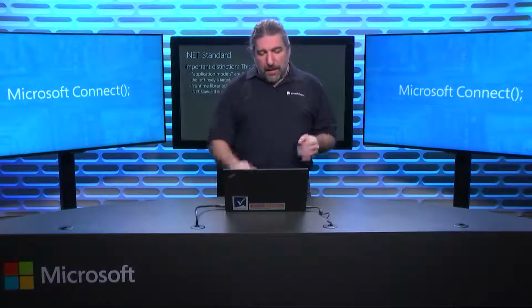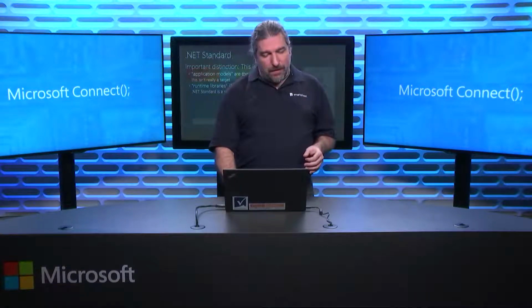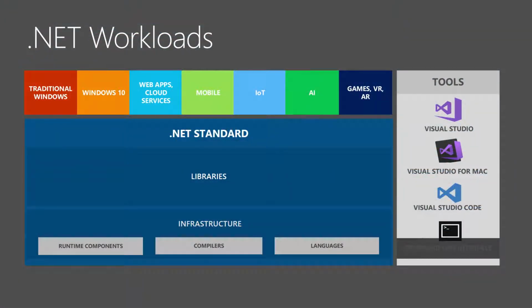That's the part that we really want to know that we have a surface area on which to work. Now, the interesting thing is that runtime library support is actually pretty extensive. We'll get a sense of that in just a second. But notice that each of those colored boxes up there at the top is not officially part of the .NET Standard. And quite frankly, hopefully, never will be. Because the point is to let the platform do what it does best.